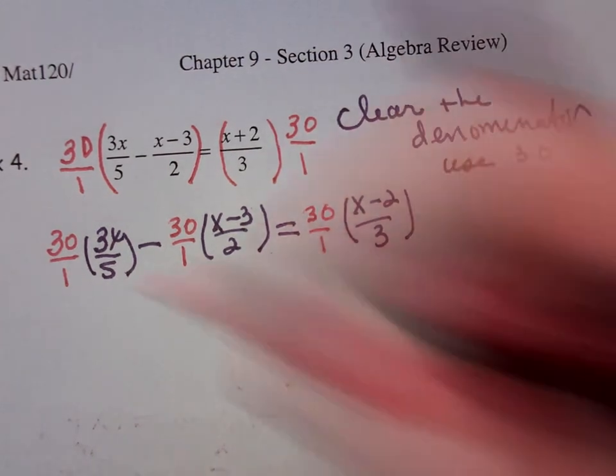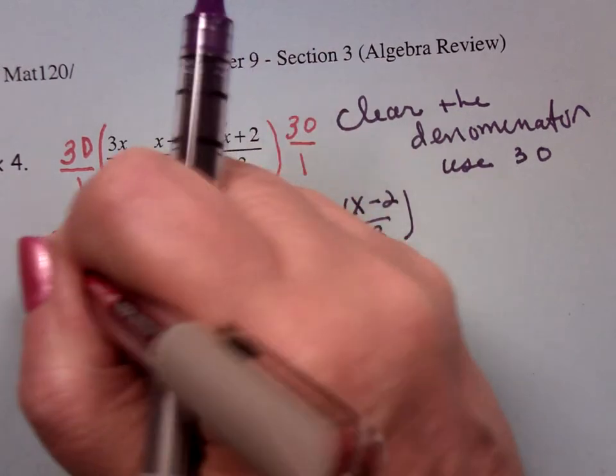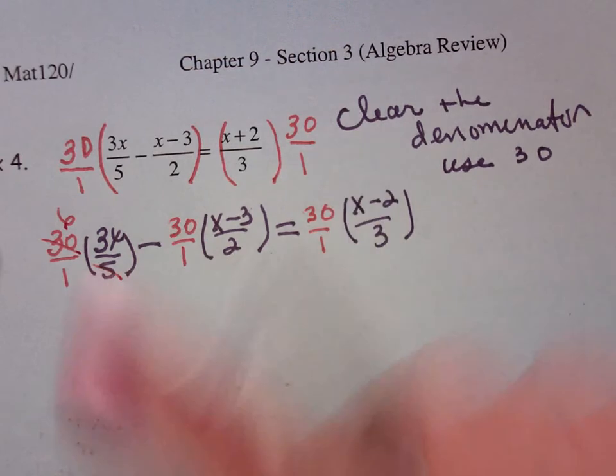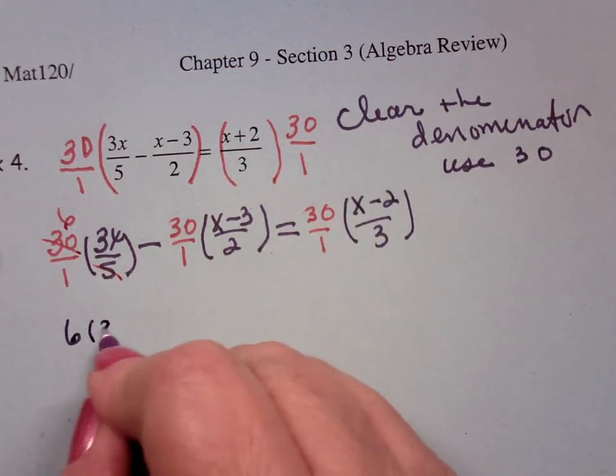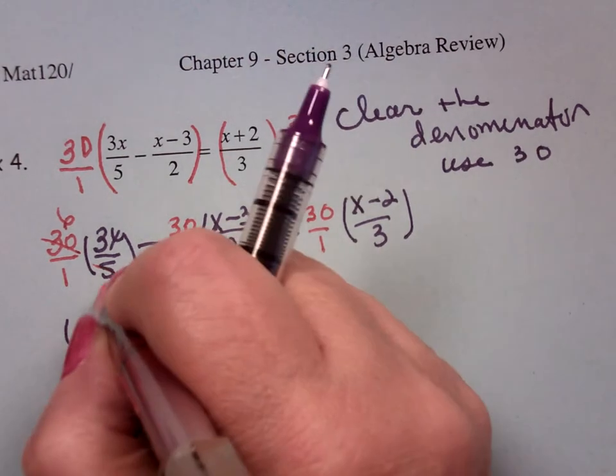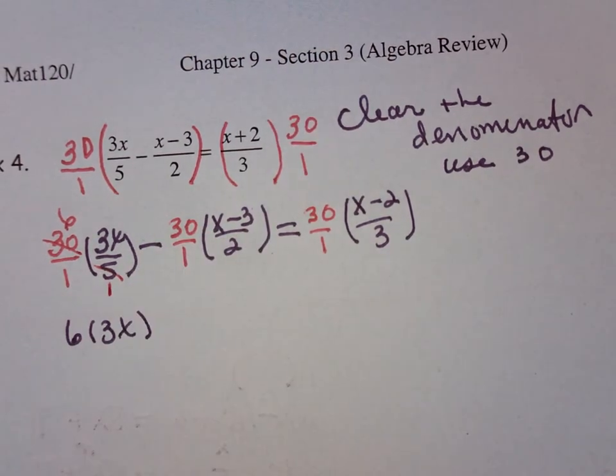Now what you notice is that 5 divides 30 6 times, so this first term just becomes 6 times 3x, with the 5 being gone. There's actually a 1 down here, so the denominator is 1.